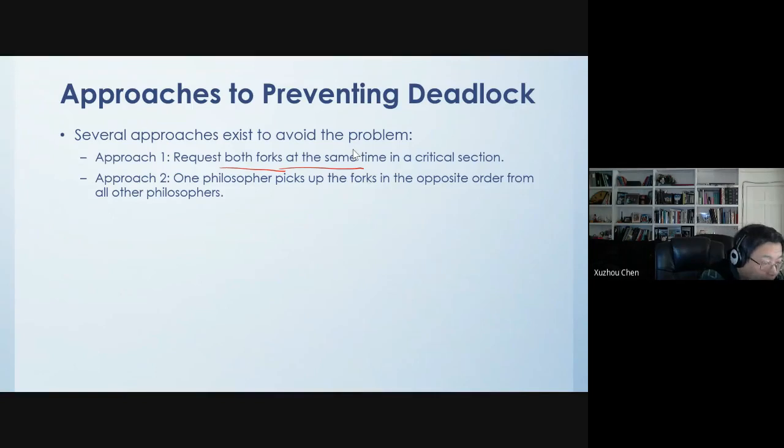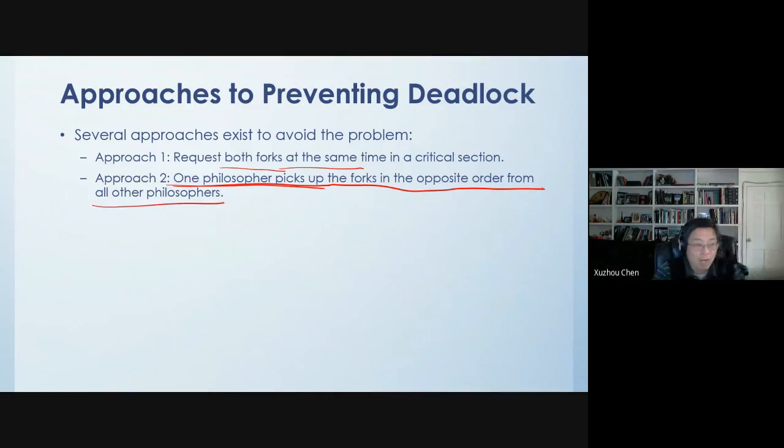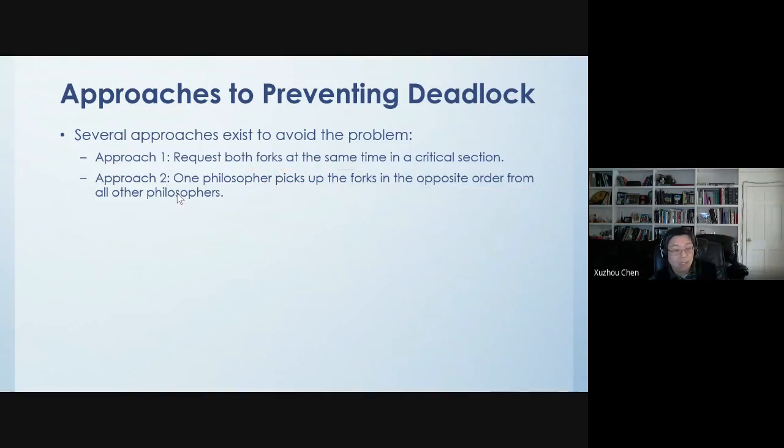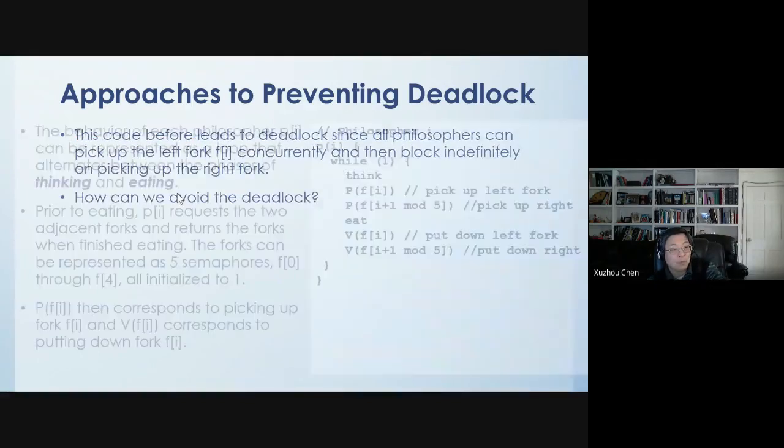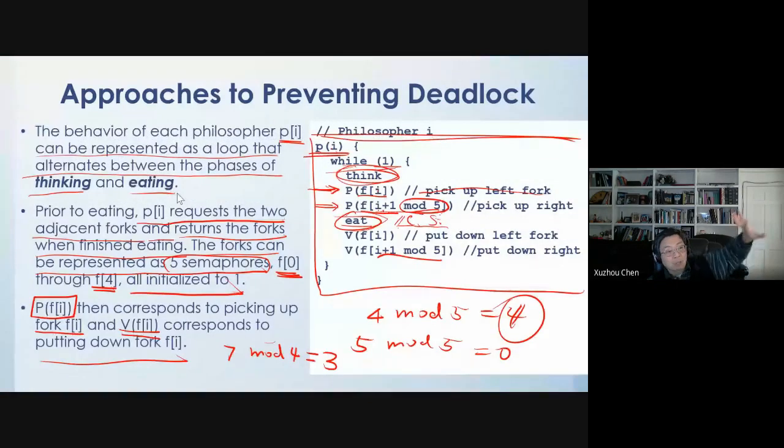The other approach is that one philosopher picks up the forks in the opposite order from all other philosophers. Because right now, the solution here allows people to pick up the left fork first and the right fork next.